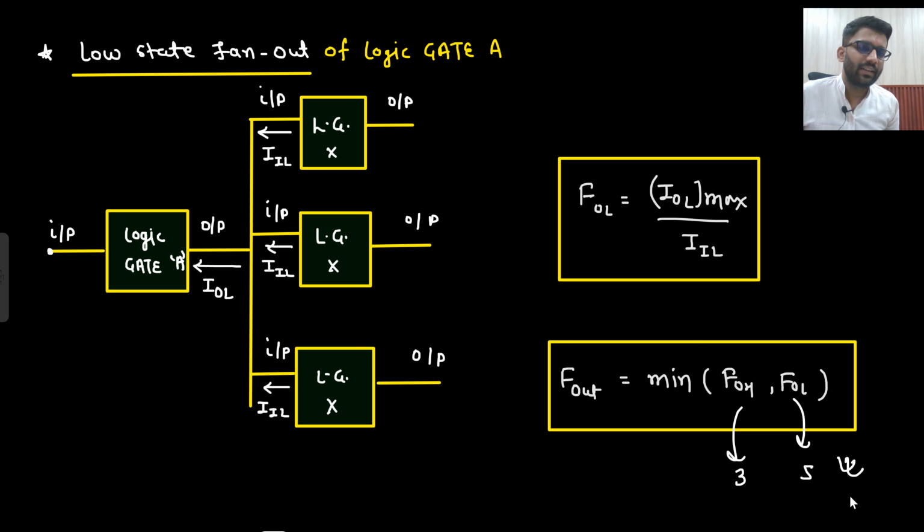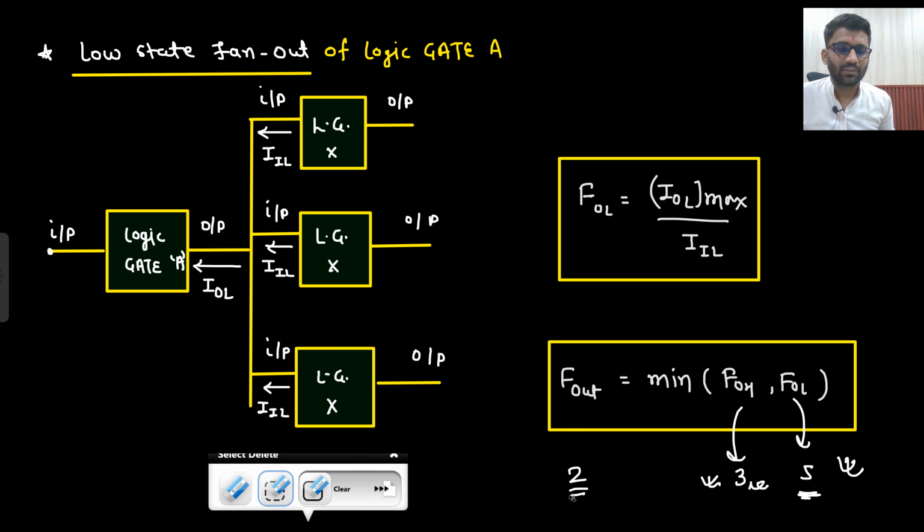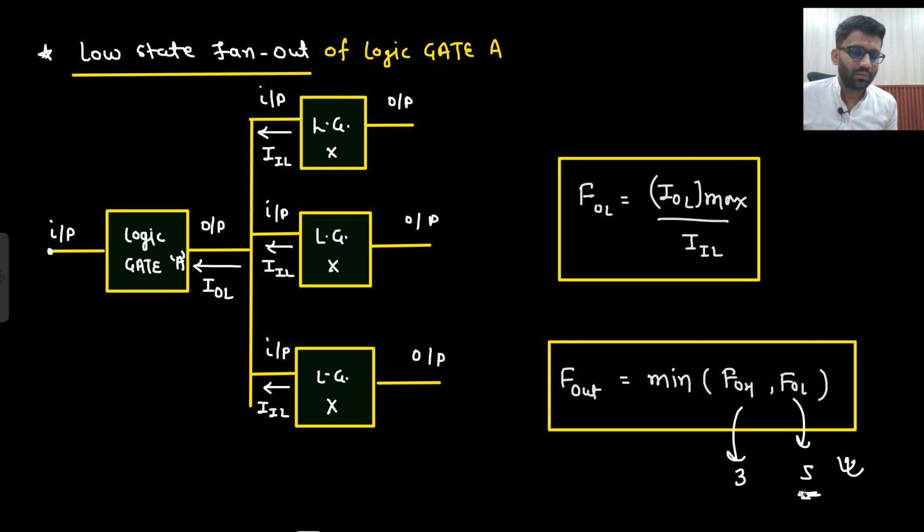If I listen to the one saying 5, I can connect 4 as well, but then the other one will not be happy. If I listen to the one saying 3, then maximum I can connect 3. If I connect 2, both are happy. Our task is to make both of them happy, so I listen to this one. Always take the minimum one.